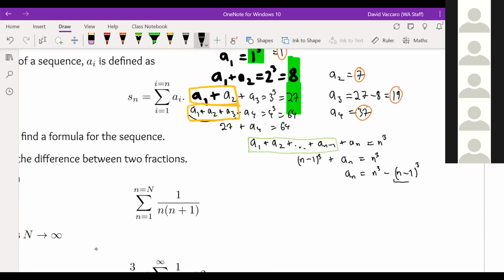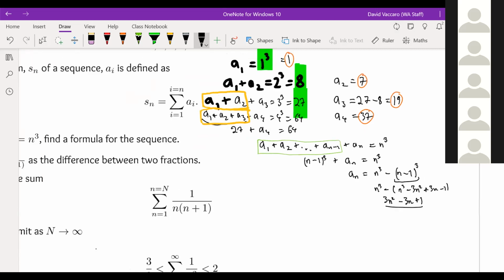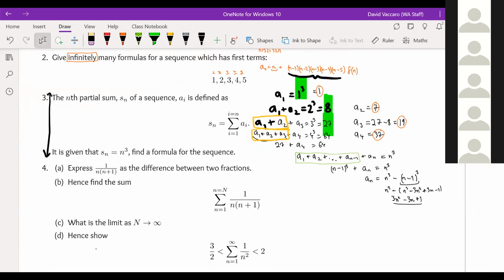And we can obviously cube this bracket using the binomial expansion. So we get n cubed minus 3n squared plus 3n take away 1. The n cubes cancel. So we get 3n squared take away 3n plus 1. Okay, so a neat little example there.